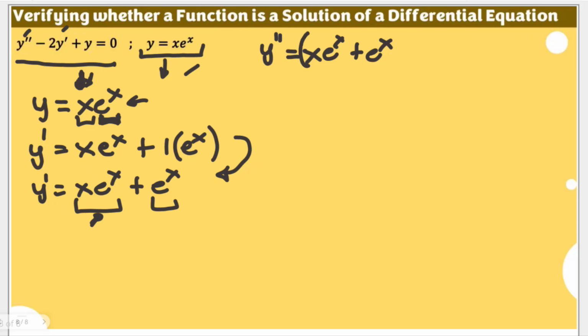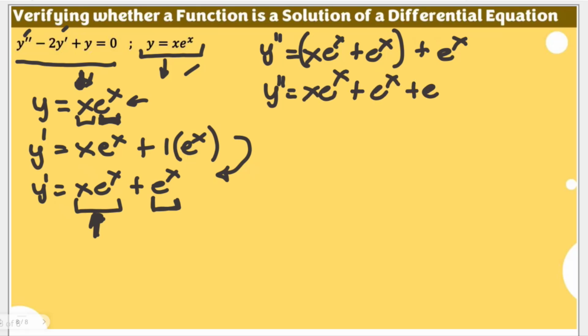That's just for the derivative of this first, you already have it here. Plus, the derivative of this second is also e to the power of x. So basically, the second order derivative here is x e to the power of x plus e to the power of x plus e to the power of x. You have x e to the power of x plus twice e to the power of x.